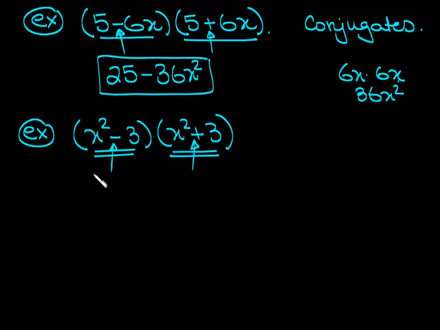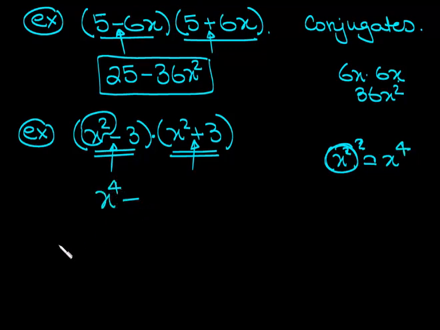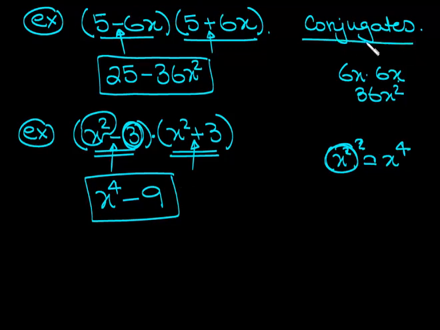So I can speed this process up by just taking the square of the first x squared. Anytime you have two exponents next to each other, we multiply, so we get x to the fourth. Put a minus in the middle, and you square the second term. What is 3 times 3? 9. You're done.